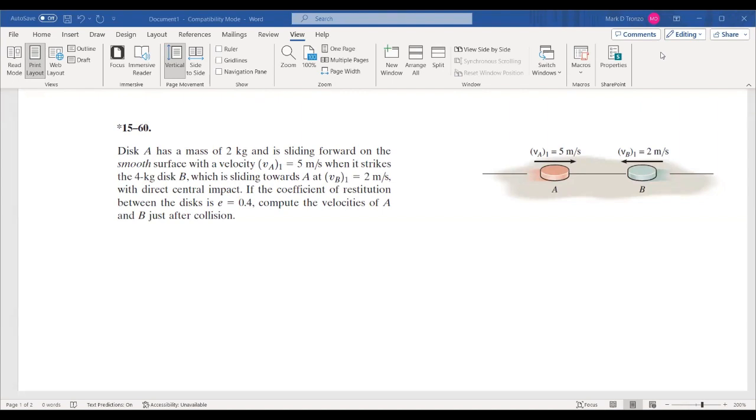If the coefficient of restitution between the disks is 0.4, compute the velocities of A and B just after collision. So we have to find the velocities just after they collide.